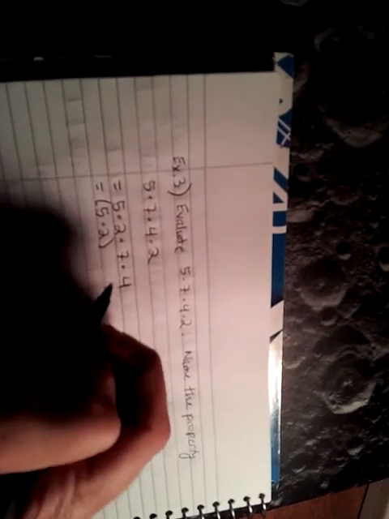And then I'm going to group them together, because as I said, 5 times 2 and 7 times 4 are a lot easier to multiply. That would give us 10 and 28, and then I know I can get the final answer in my head. So that comes from, guess what? Yes, the associative property of multiplication.